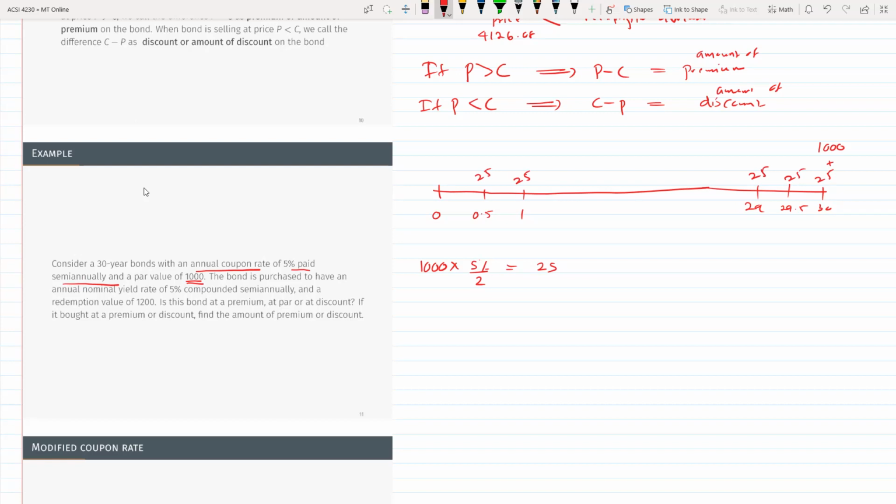The bond is purchased to have an annual nominal rate of 5% compounded semi-annually. So the rate they use to discount, let me write, the nominal rate is 5%. When you divide it by 2 for the 6-month rate, it is 2.5%. That's the rate J, the rate for 6 months. And now you can see the redemption value is 1,200.